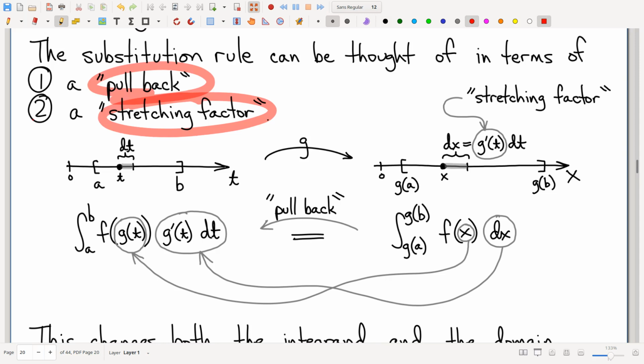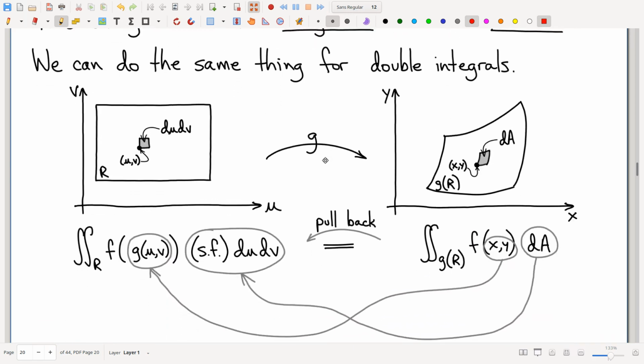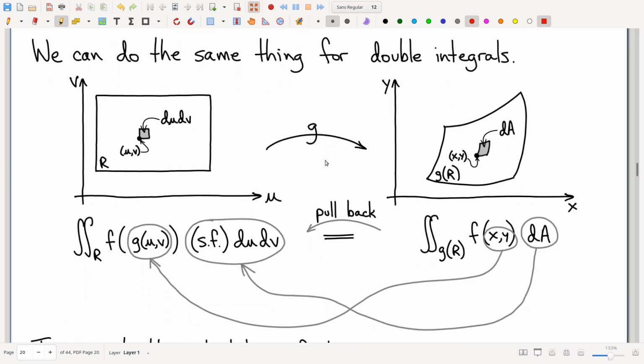And with that, with these two ideas in mind, we're now going to try to do the same thing for double integrals. Let's get our setup going first. We're going to presume that we have some domain over here in the UV plane, whatever, some domain. We're going to imagine plugging into this function what we're going to call a change of variables function.